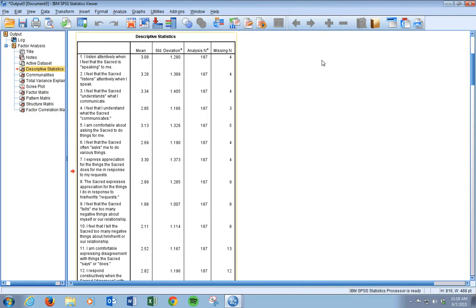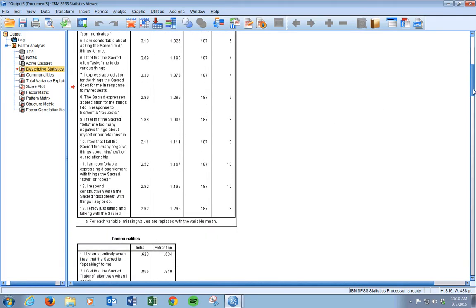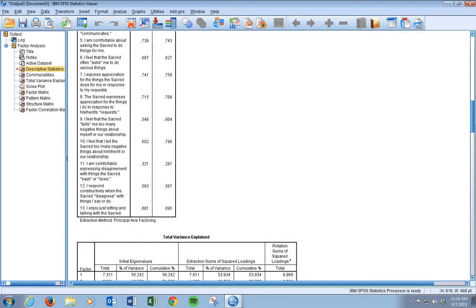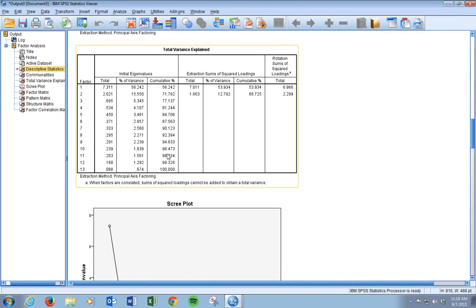And you can go through and look at the means. You'll see that there are a few where the means are particularly low. And this is telling us that it extracted 2 factors with eigenvalues above 1.